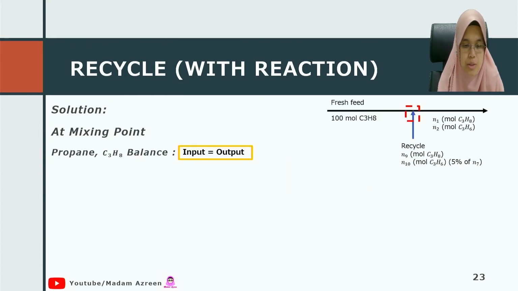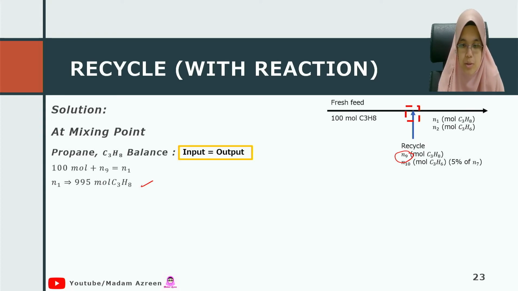Therefore, you move to the mixing point. Again, we do a propane balance there, whereby you can calculate the value of N1, because you already know what is your N9. You get the value of N1.